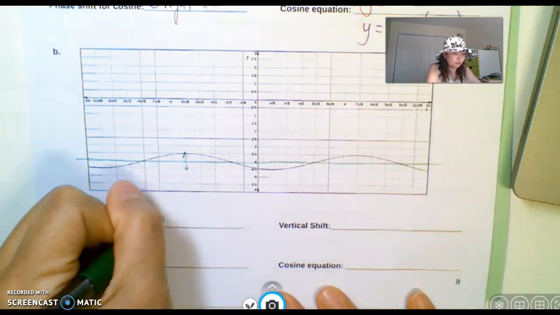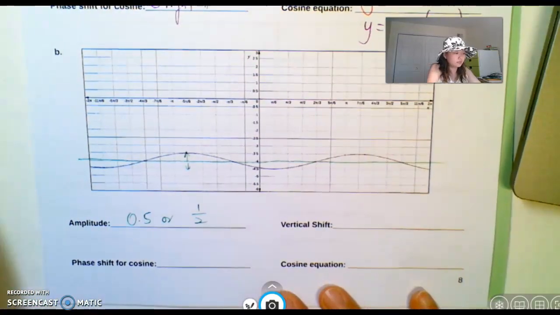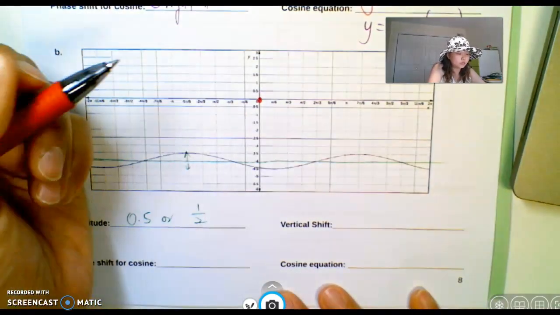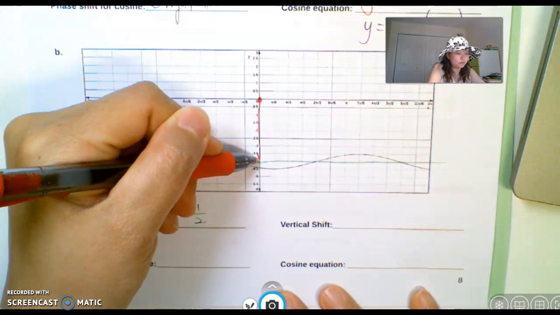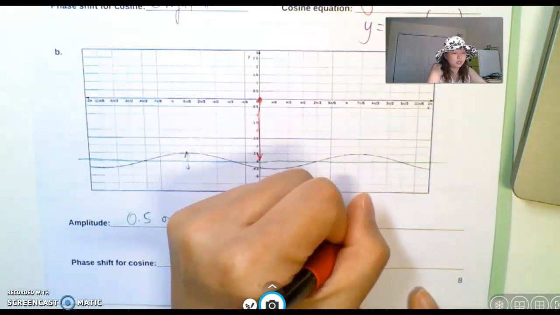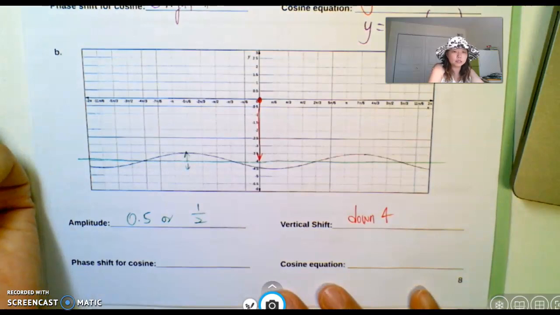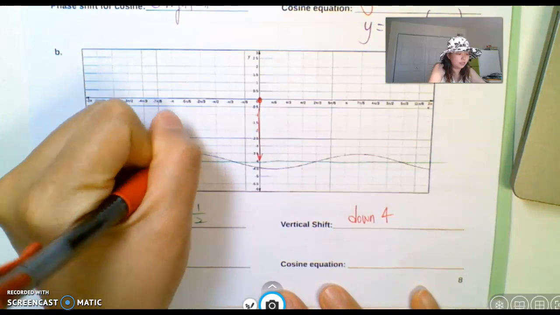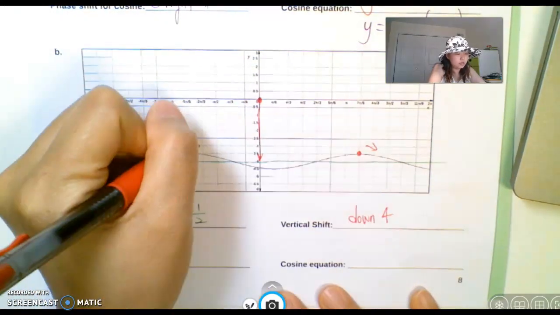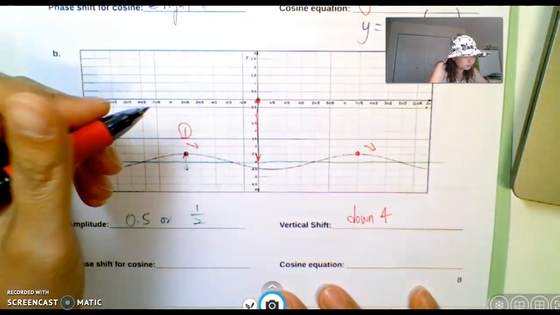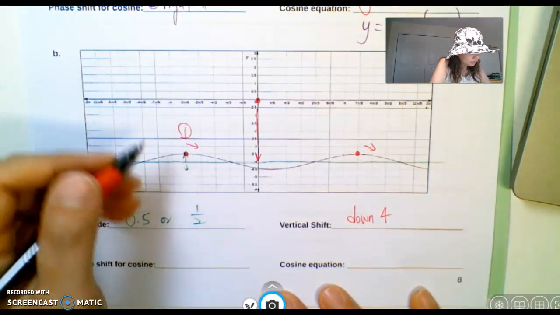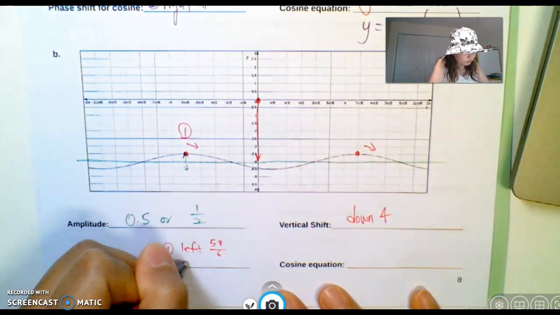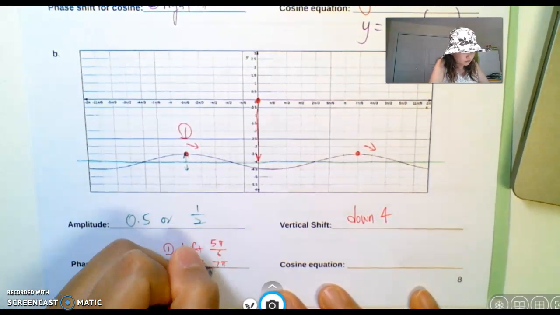The amplitude is half, 0.5 or 1/2. Vertical shift, same thing. Instead of the origin, what happened? It actually had to go down 4. We're always going towards the middle line. So it went down 4. Then what? Because we're looking for the tallest point and then going down, either you can say it moved to the left 5 pi over 6, or right 7 pi over 6.